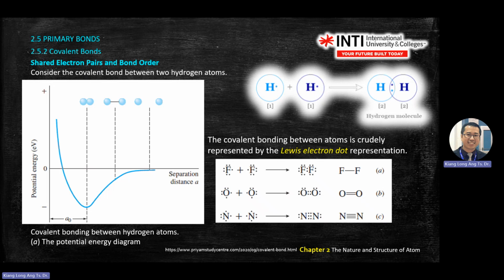So this is the Lewis electron dot representation. You have single bond, double bond, triple bond, for example. Single bond means sharing one pair of electrons. Double bond means two pairs.